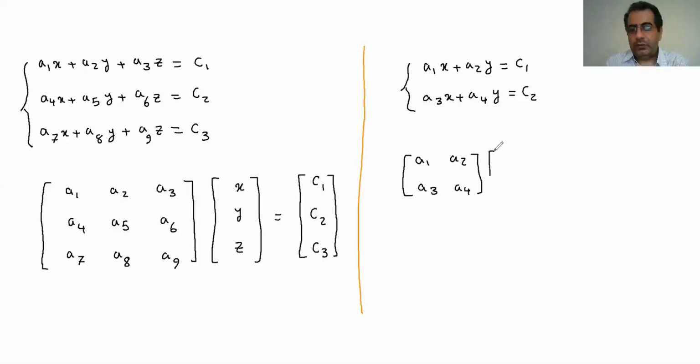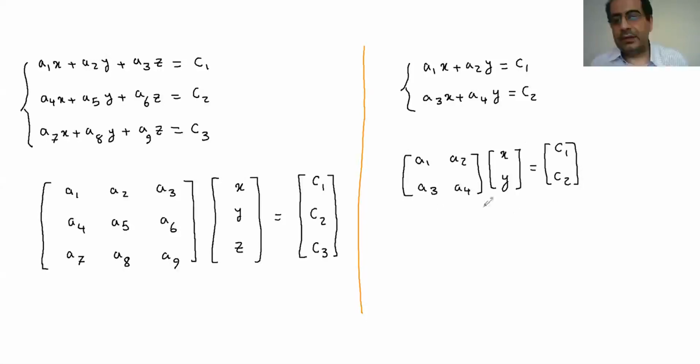Your unknown matrix is going to be X and Y. And your constant coefficients are going to be C1 and C2. The same if you have 4, 5, it doesn't matter, as long as you rewrite them like that and then put them in your calculator, and your calculator gives you the X and Y values.